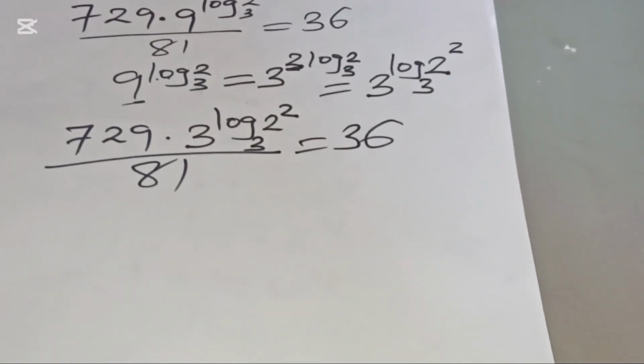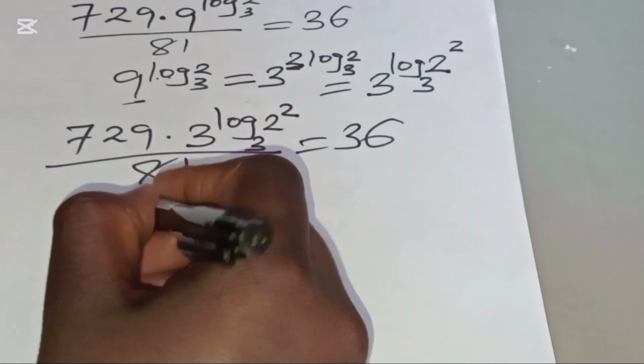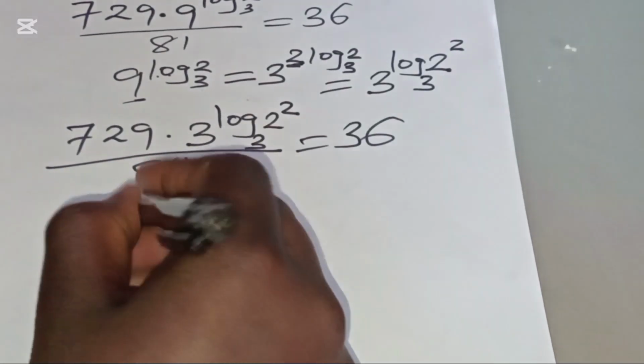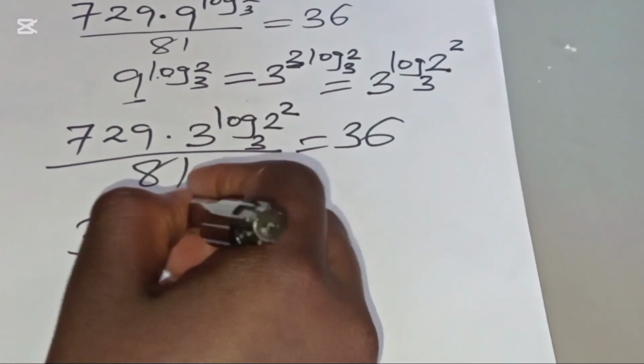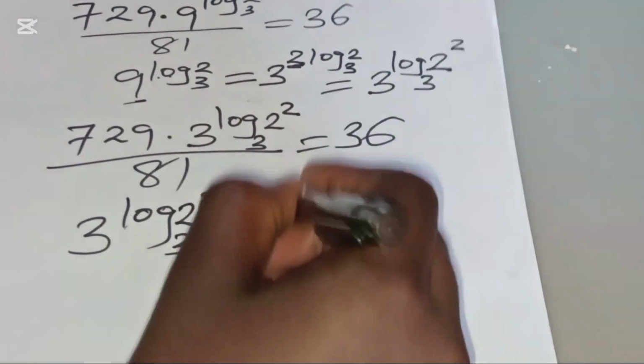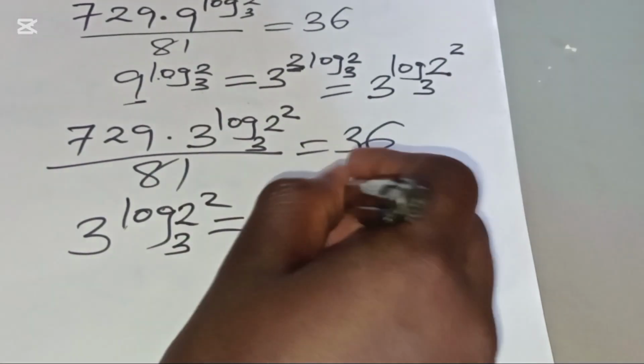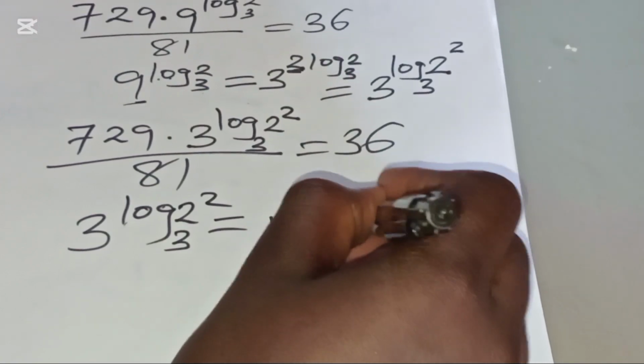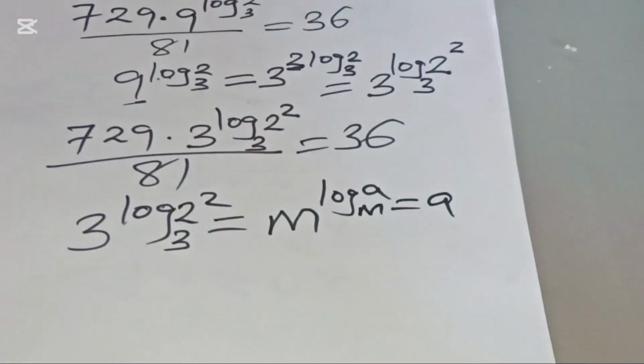Okay. Now from what we have here, that is 3 to power log 2 squared to base 3, this is in the form of m raised to power log a to base m, which essentially is supposed to give us a value of a.